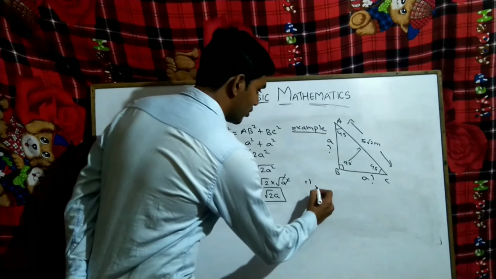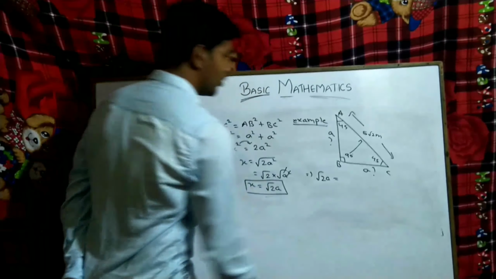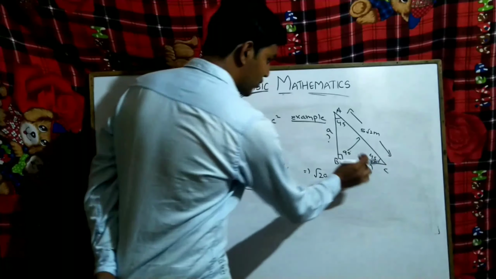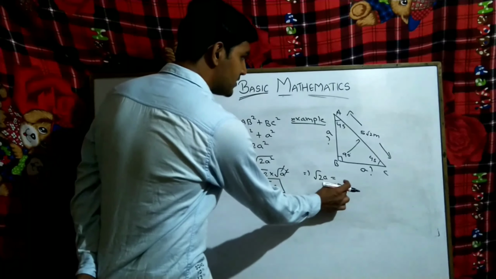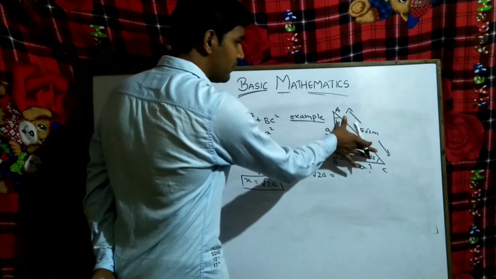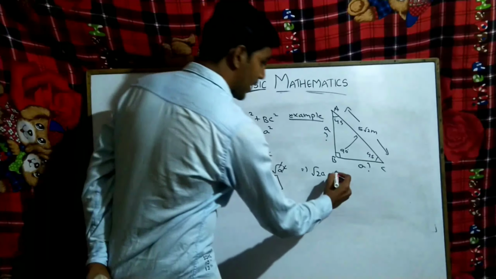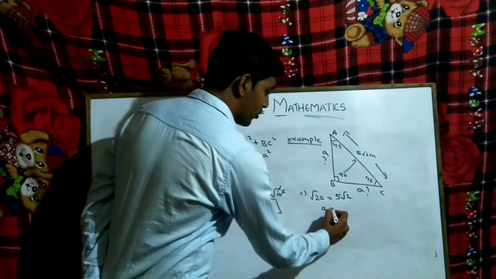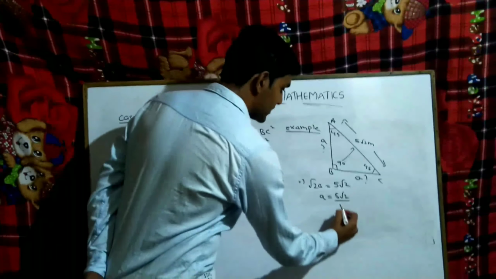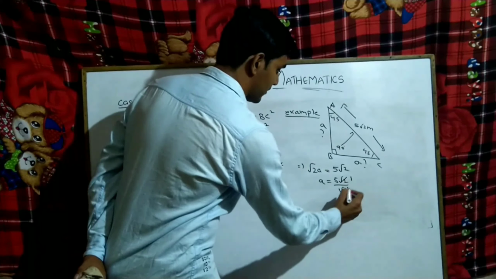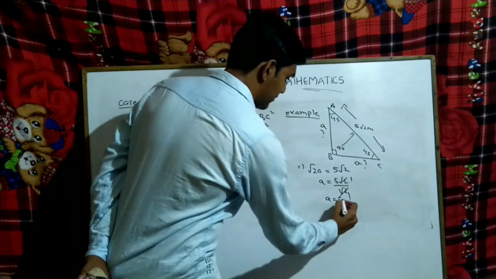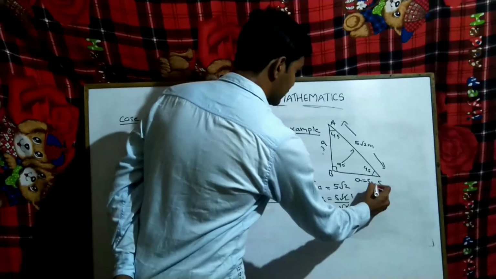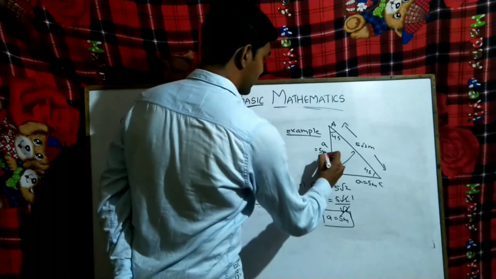So just write down root 2A is equal to, we have to find the A value because AB also A and BC also A. But root 2A is equal to what is the value given by AC? 5 root 2. So write down 5 root 2. So A is equal to, this multiplication part, both that side becomes root, division. So one time. So A is equal to 5 meter. Okay, so this also becomes 5 meter, and this also becomes 5 meter.